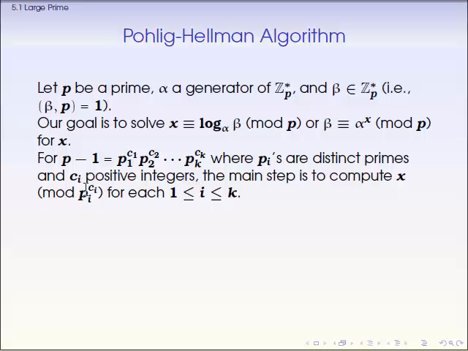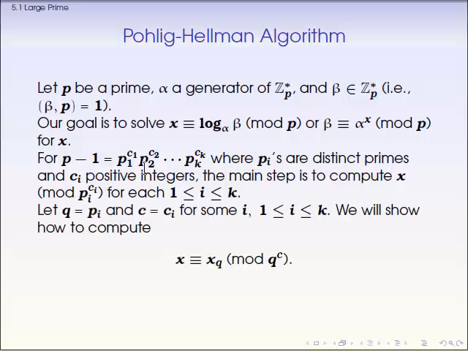So let's just pick i arbitrarily, and in your mind it's just pi to the ci. And for easier notation, let's change pi to q and ci to c. So from now on, q to the c is the chosen prime number and its power.